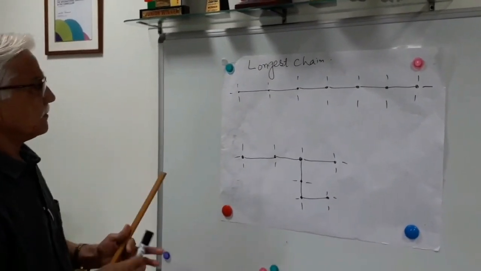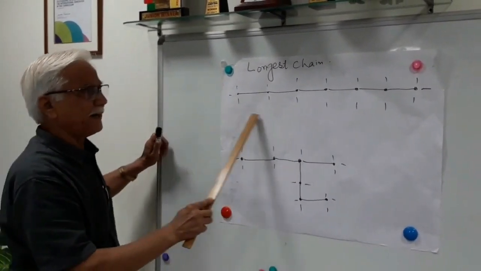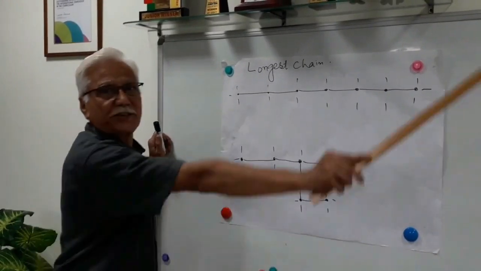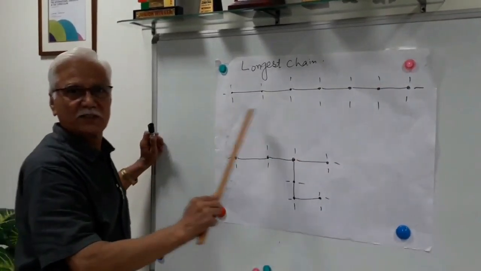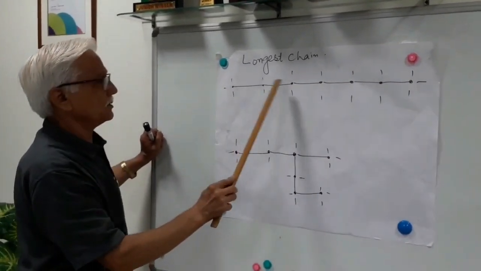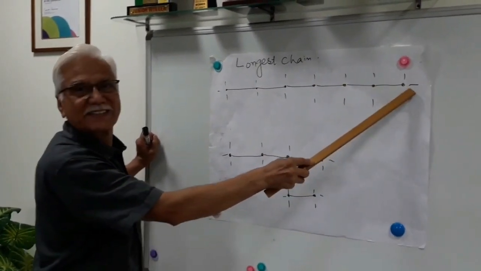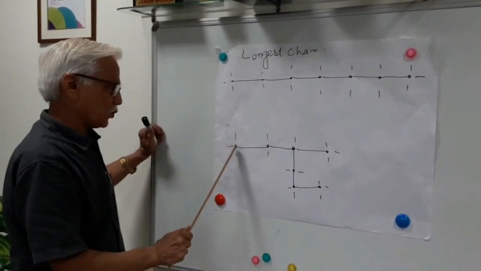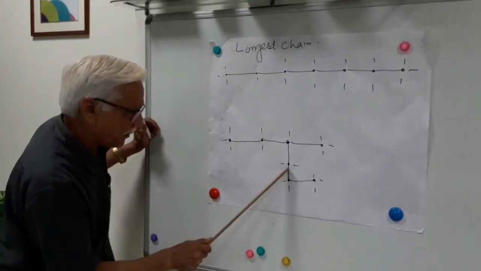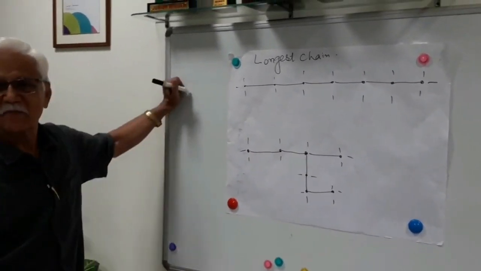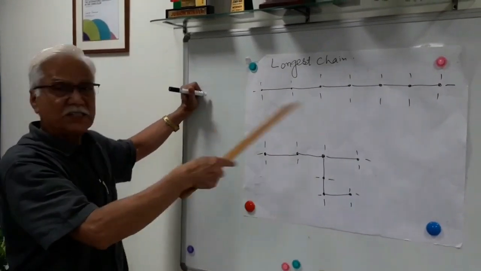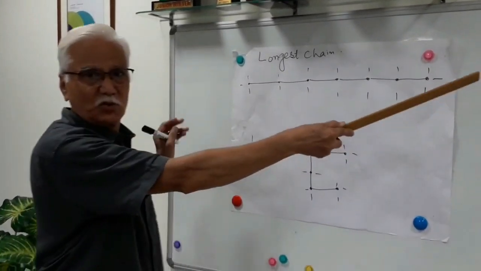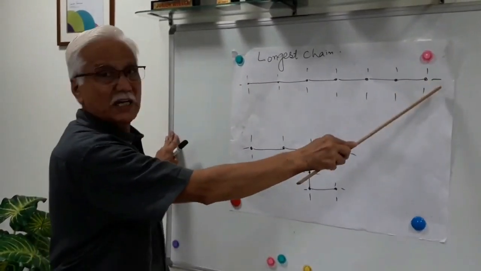Now I have taken the liberty of writing in two ways. One is straight: 1, 2, 3, 4, 5, 6, 7. Here I have written it like this: 1, 2, 3, 4, but then 5, 6, 7 I have put over here. So now the longest chain, the straight chain, is there. No issue. It contains 7 carbon atoms.